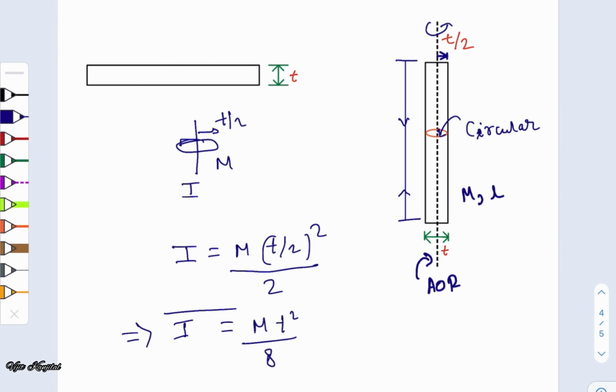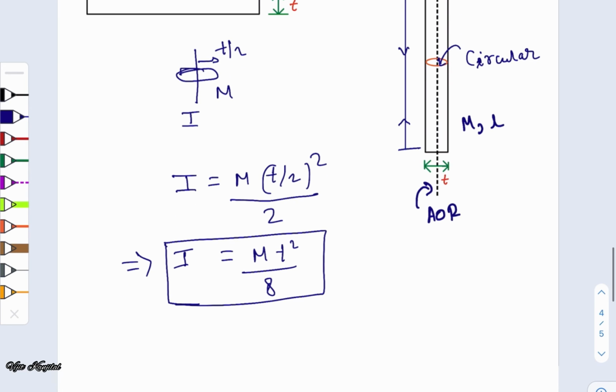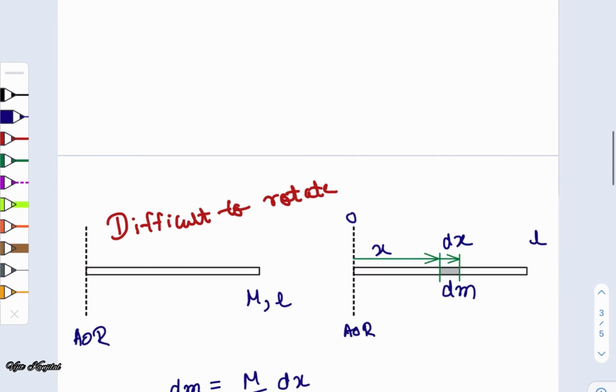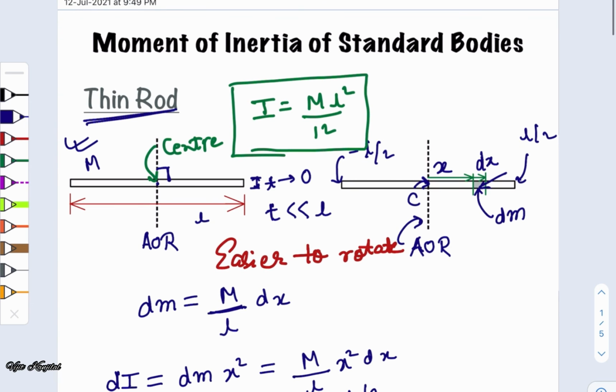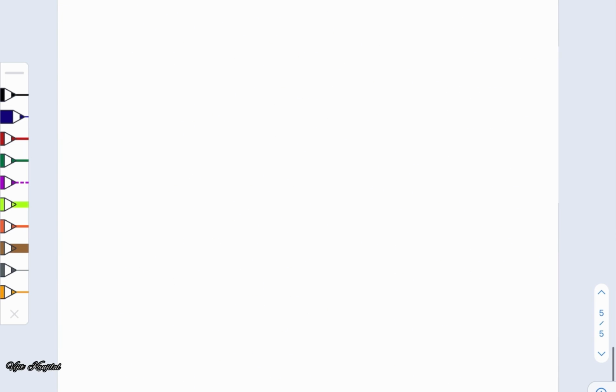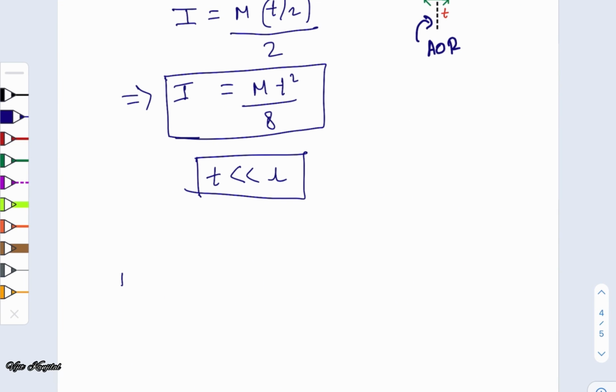It is quite evident that for any rod t is very much less than l. In the previous two cases, where the axis of rotation was passing through one of its ends, or through the center and perpendicular to the length of the rod, the moment of inertia that we calculated was either ml square by 12 or ml square by 3.